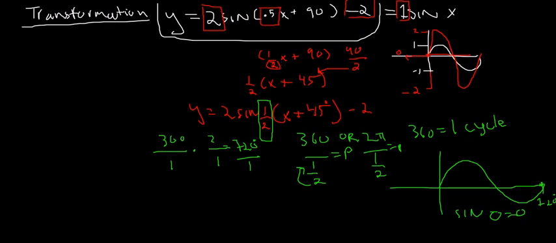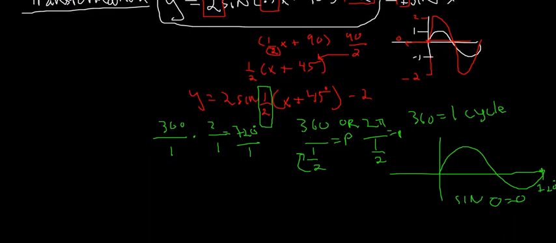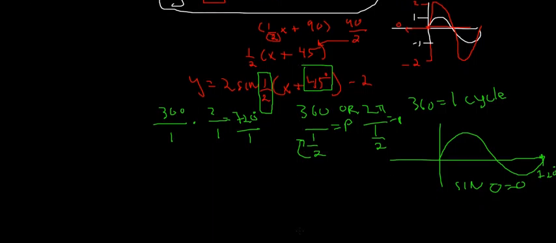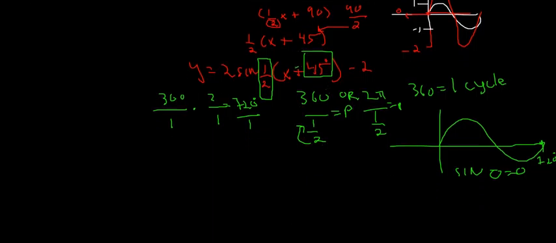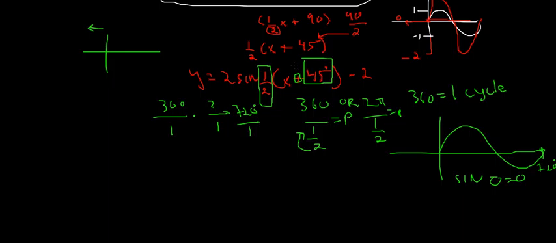And now we have our horizontal displacement, or phase shift. If it's positive, we know it's going to move to the left. If it were negative, it would have moved to the right.